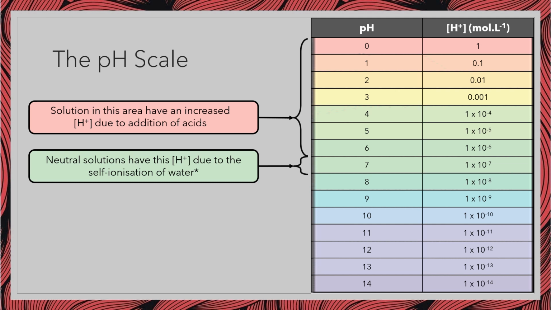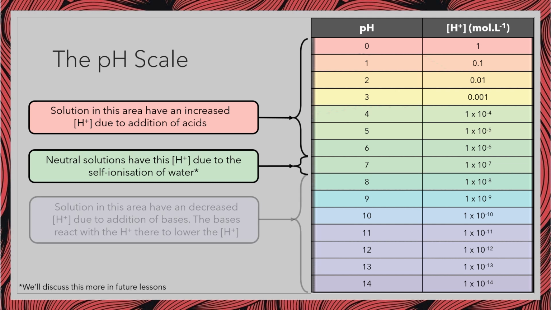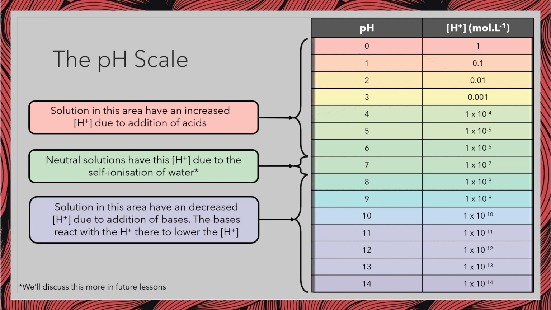So water itself ionizes a little bit. If it's pure, it's 10 to the minus 7 moles per liter of hydrogen and hydroxide. And the solutions in the bottom area have a decreased H plus due to the addition of bases. The bases react with the H plus and lower the hydrogen ion concentration.